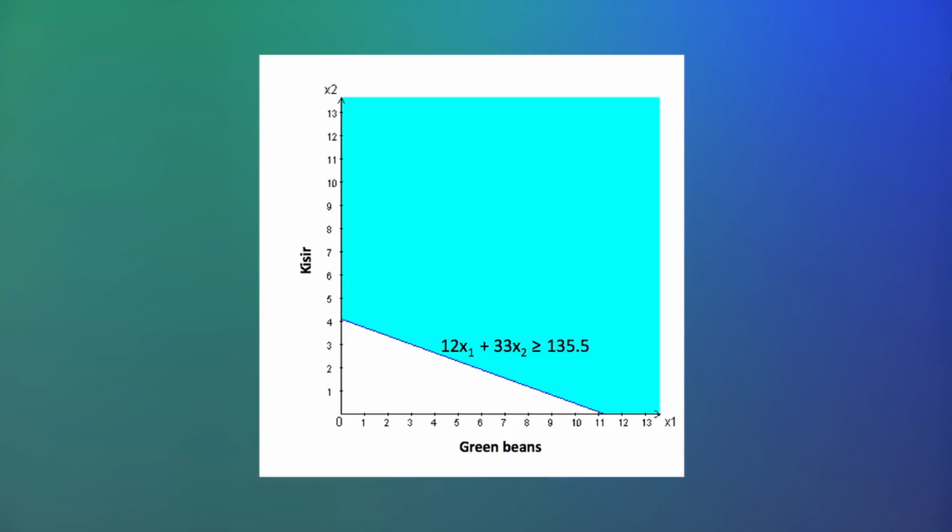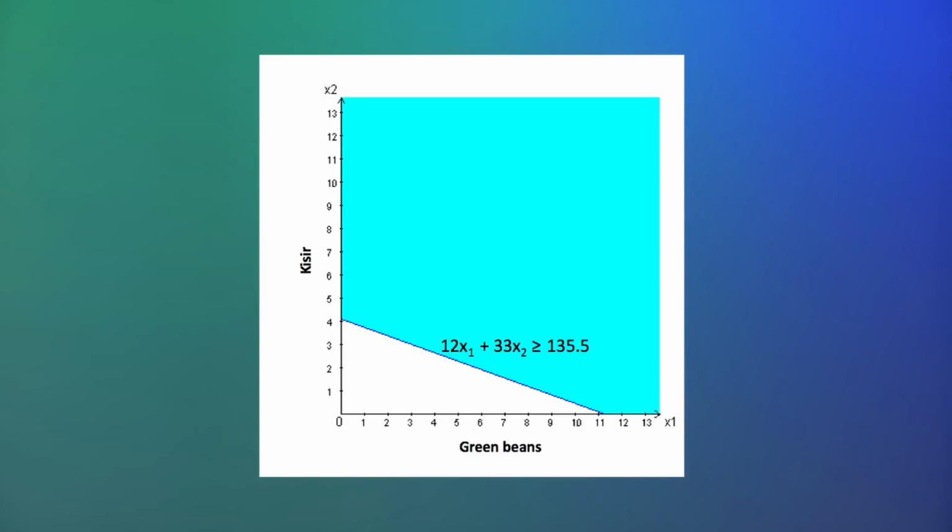Remember, this is a linear program, so we know that the constraints can be expressed as linear combinations of x1 and x2, and the barrier must be a straight line. In order to do this, we find 2 points, one on the x1 axis and the other on the x2 axis.